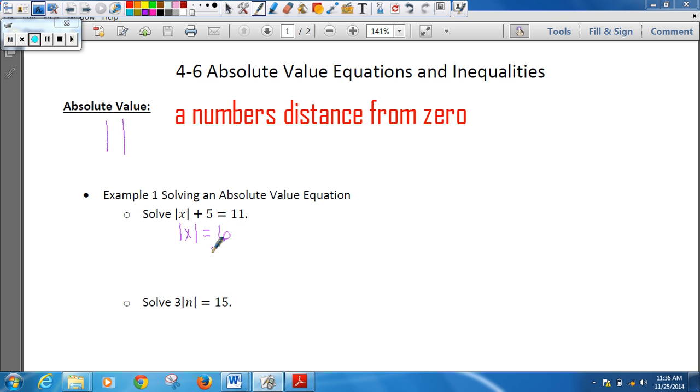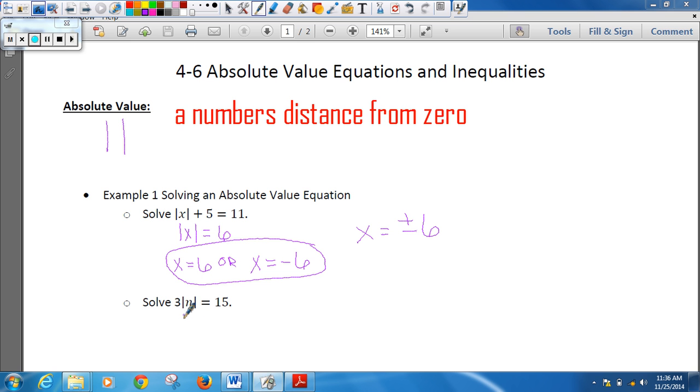And then remember, there are two answers here, because the absolute value of 6 is 6, because 6 is 6 away from 0, and, sorry, this should be x equals 6, or x can equal negative 6, because the absolute value of negative 6 is also 6. So we have two solutions here of x equals 6 or x equals negative 6. Remember, you could write it as x is equal to positive and negative 6. Either way is fine with me.